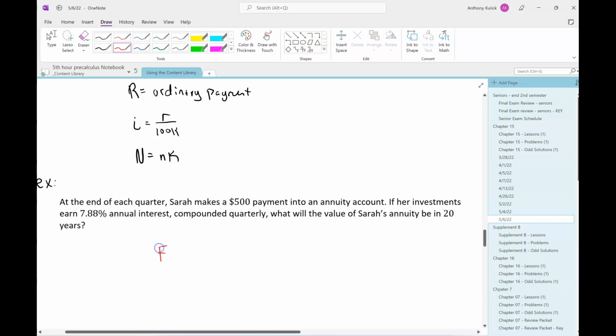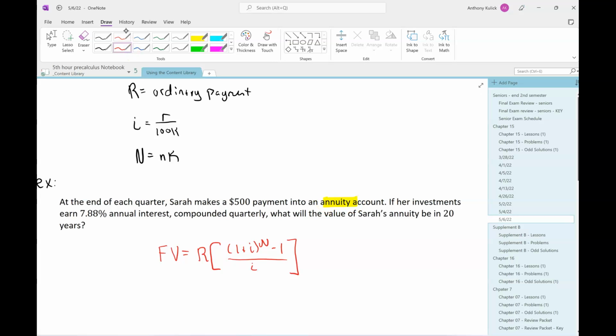I heard the word annuity in there, so I knew that we should be using this equation. So what are we solving for here? In the future, right? So we're looking for the future value.